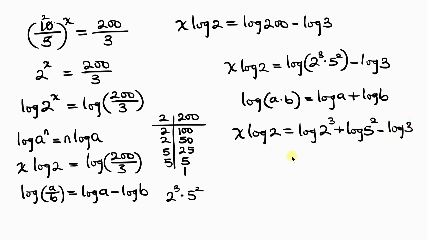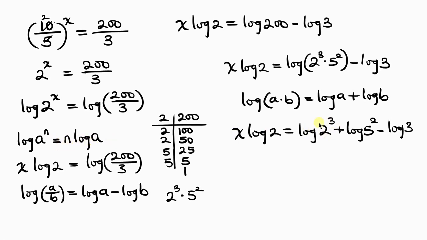Don't worry, I know we have been applying many laws of logarithm so far, and we're going to be doing that once again. We've actually applied this law of logarithm before, which is log a to the n is equal to n log a.